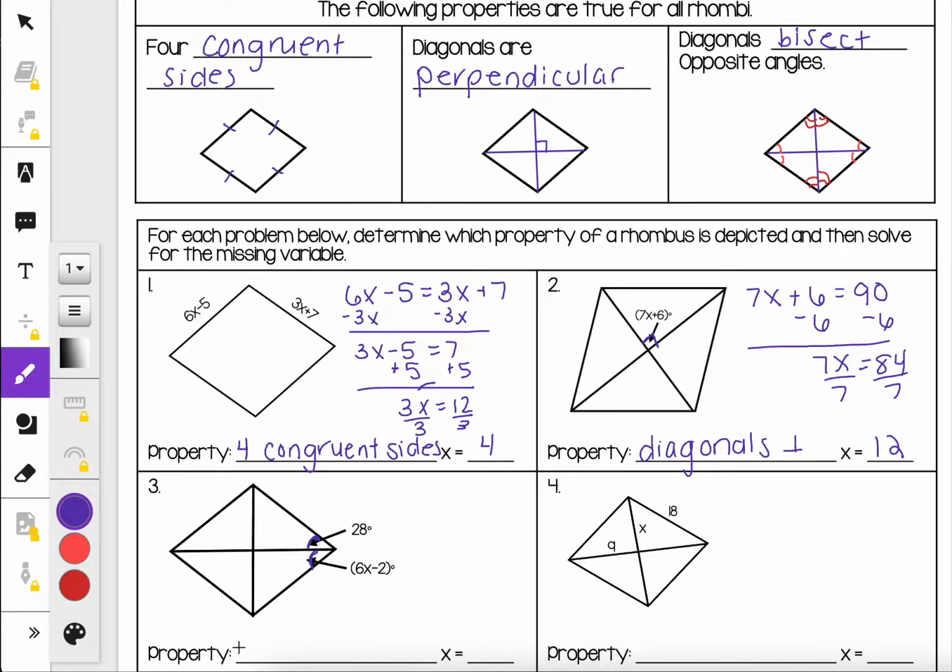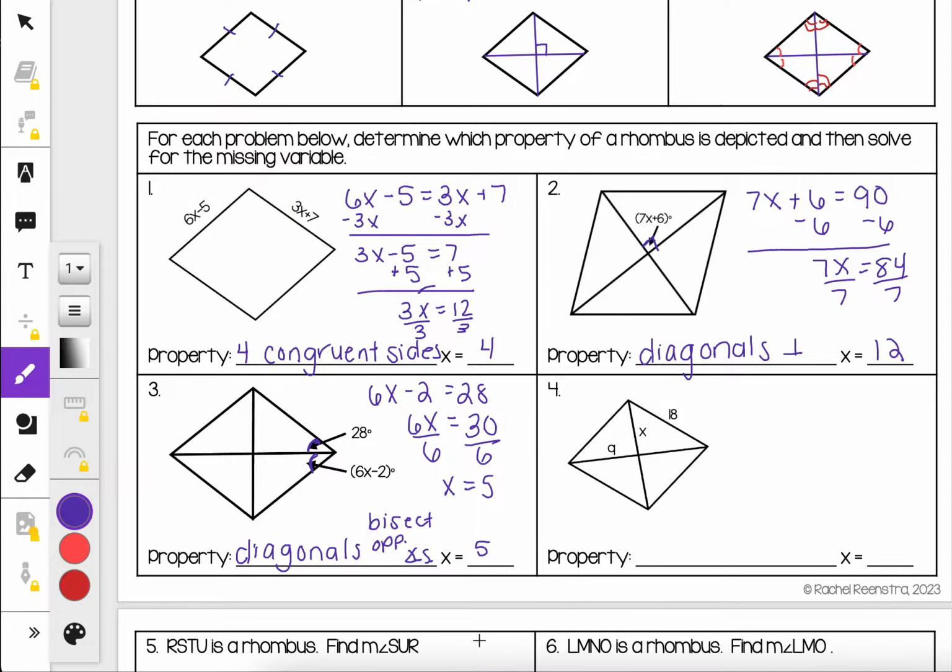So I can say that the diagonals bisect opposite angles. We're going to abbreviate there. And we're going to set 6x minus 2 equal to 28. So 6x equals 30. Divide both sides by 6, and x equals 5.